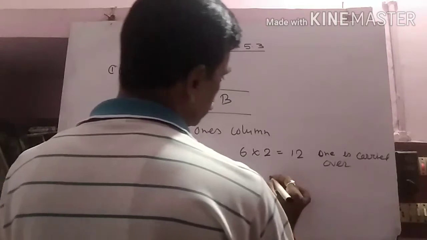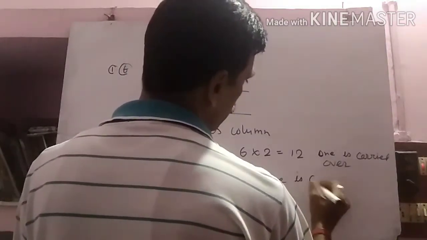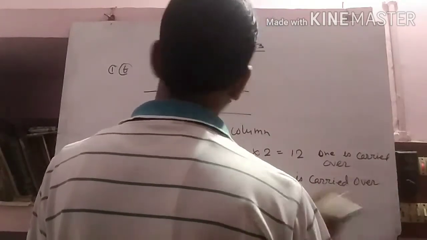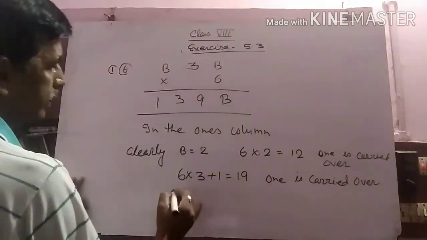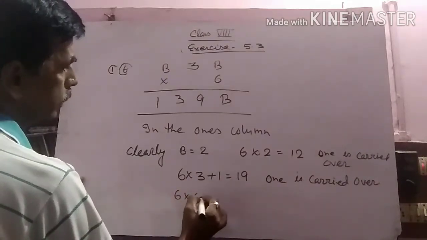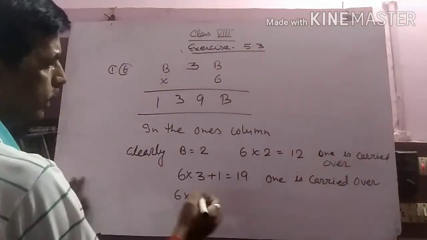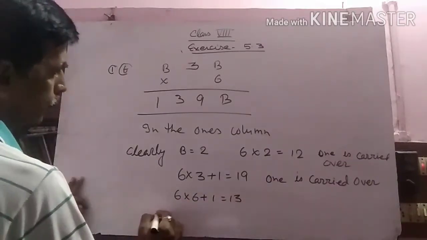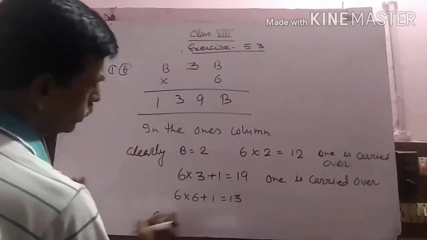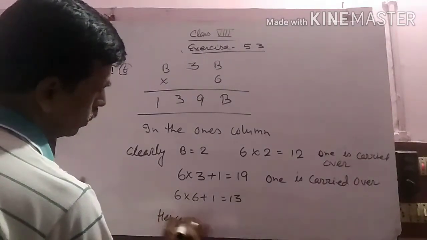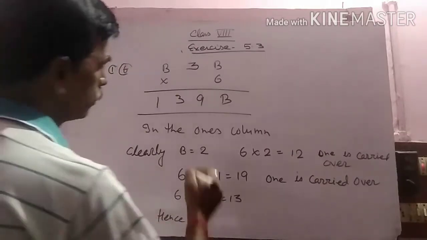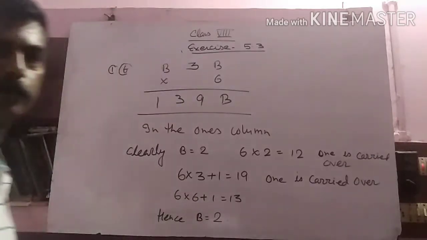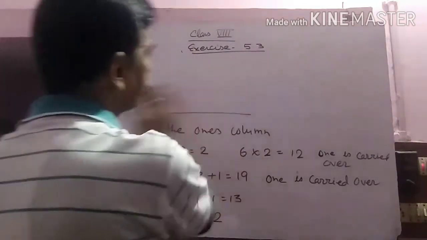So we can write like this. 1 is carried over. Now 6 into 6, the place of B is 6, 6 into 6 plus 1 is equal to 37. So, hence B is equal to 2. Okay.